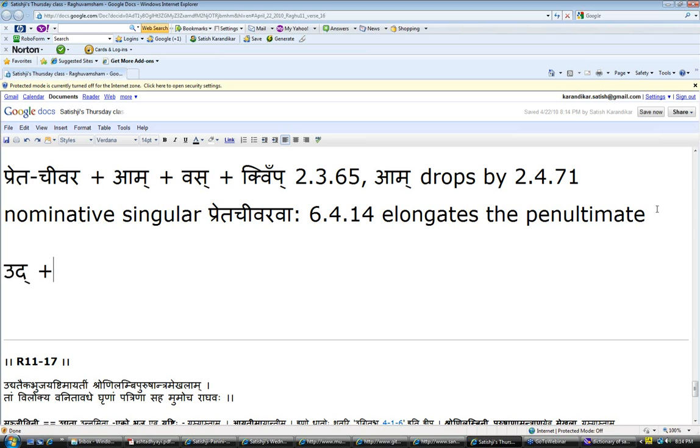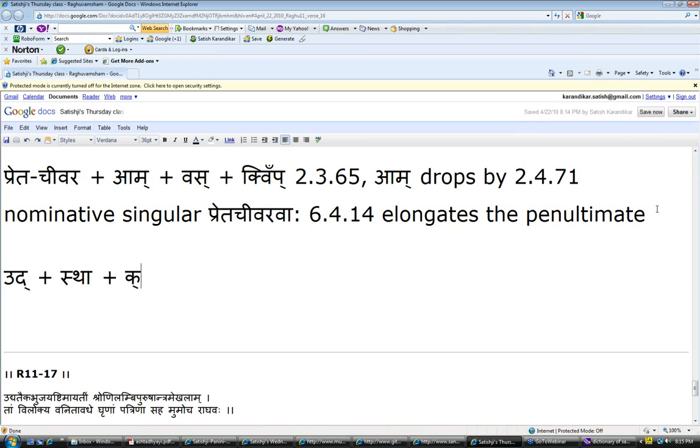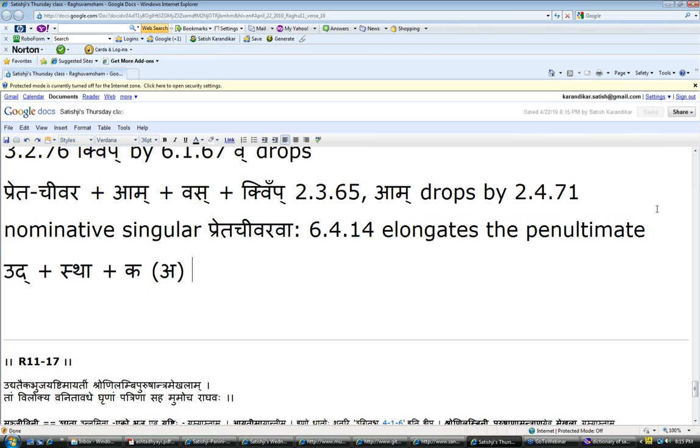It became ud plus stha. I'm sorry, ud stha plus ka pratyaya. Now in the ka pratyaya also, by lashakvataddhite, the ka is an it. Taddhita starts from 4.1.76. Right now we are in 3.1, so the number is 3.1.136. If you have a dhatu ending in long a and an upasarga is there, then the ka pratyaya can be used to form an adjective.